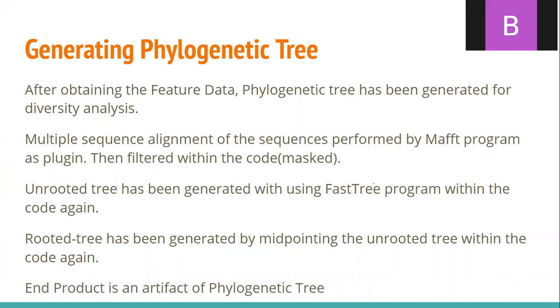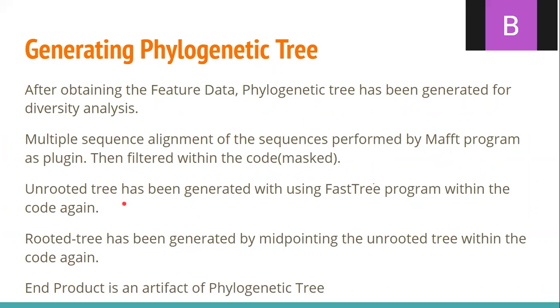After getting this, I generated a phylogenetic tree for the diversity analysis. For the generation of the phylogenetic tree, multiple sequence alignment of all sequences was performed with the MAFFT plugin in the code, and then filtered.